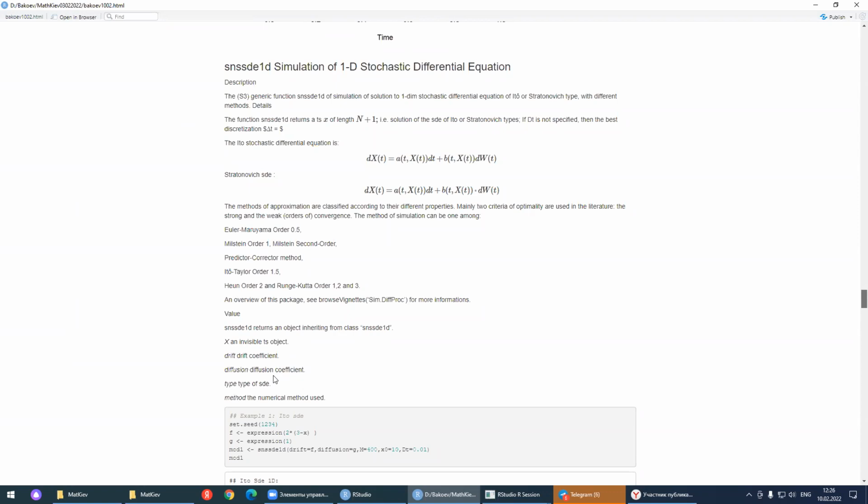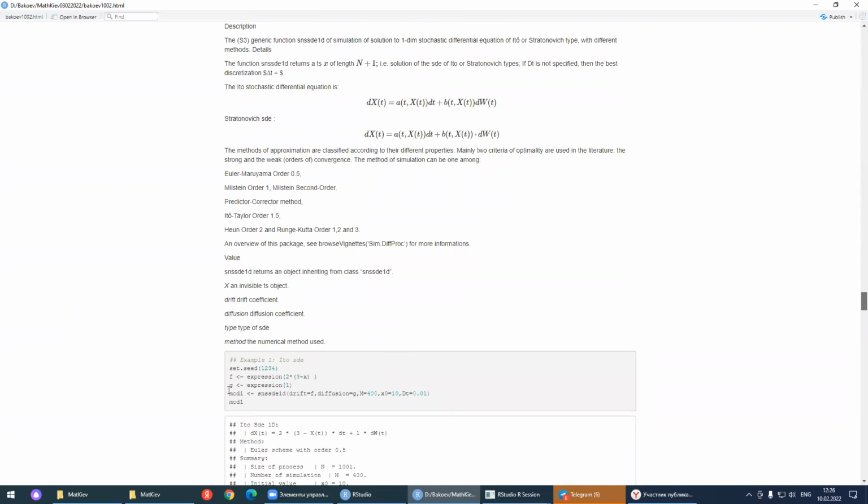Let's consider some examples. Here is one example. For example, this f is 2 multiplied by 3 minus x. It's the drift. And this is the diffusion coefficient.